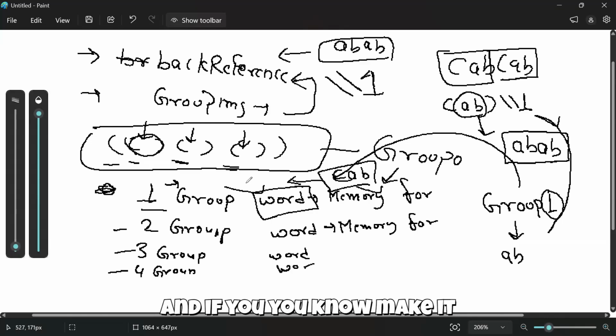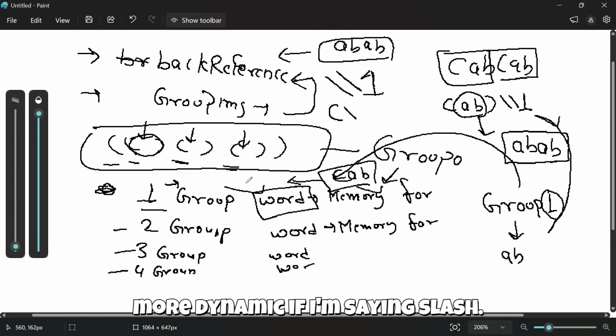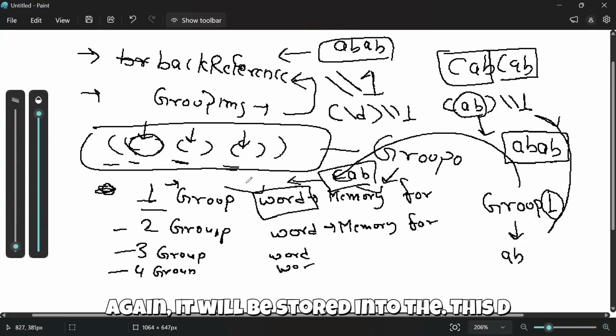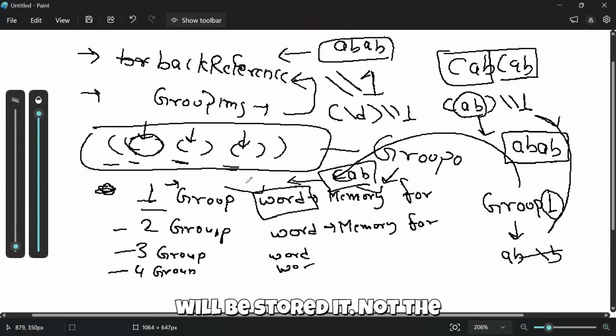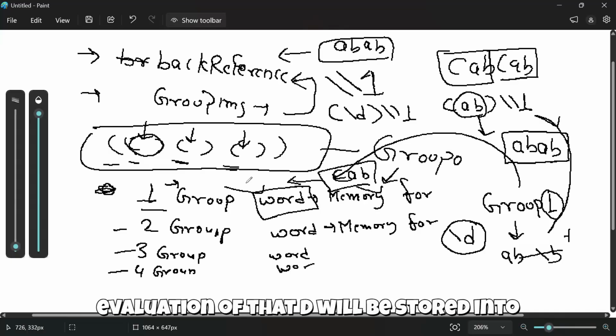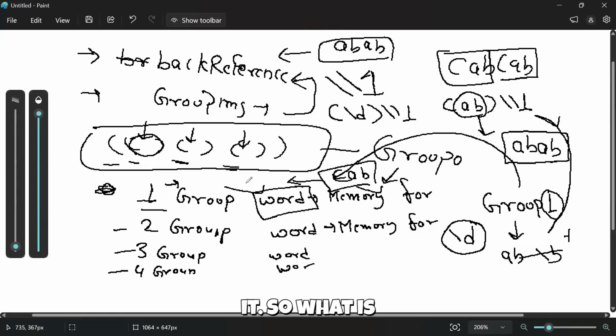And if you make it more dynamic, if I am saying backslash D and then followed by backslash 1, what does this mean? D means any digit. This D will not be stored, D will be represented by this, but the evaluation of that D will be stored into it.